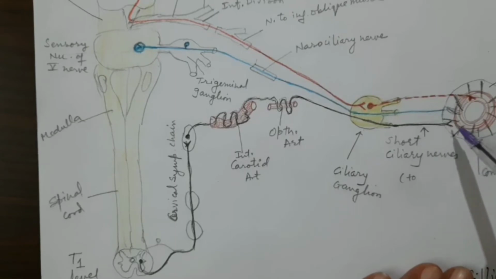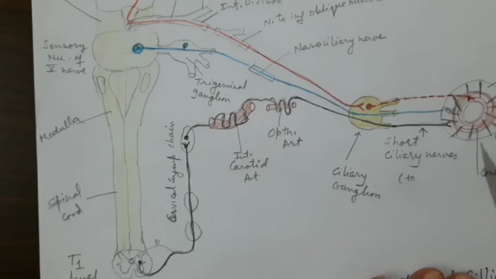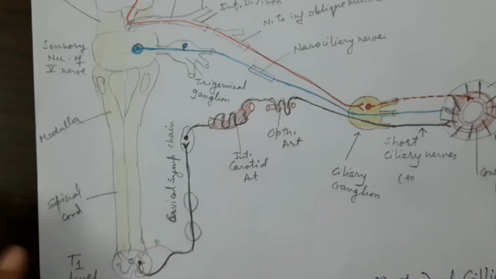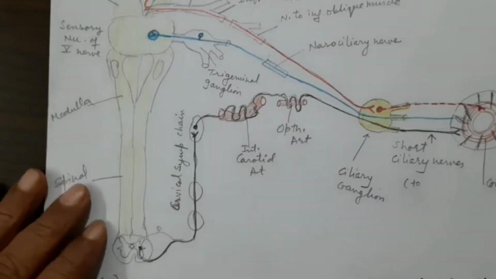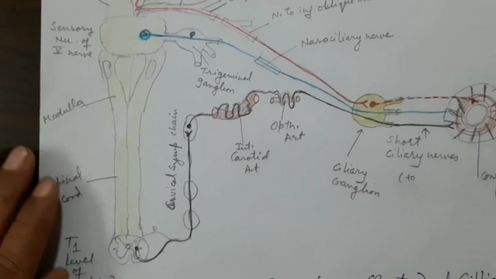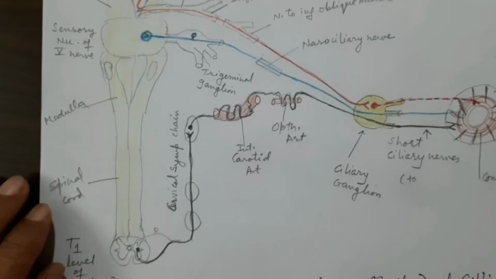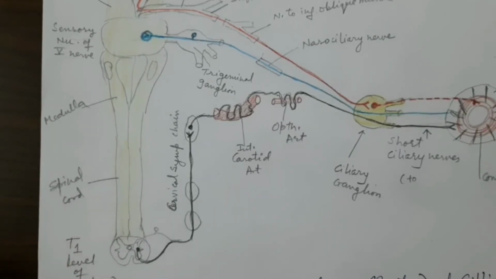The sympathetic fibers innervate the dilator pupillae, while the parasympathetic innervates the constrictor pupillae smooth muscle fibers, and both also innervate the ciliary body, which is involved in the accommodation reflex. That means the ciliary body changes the curvature of the lens.